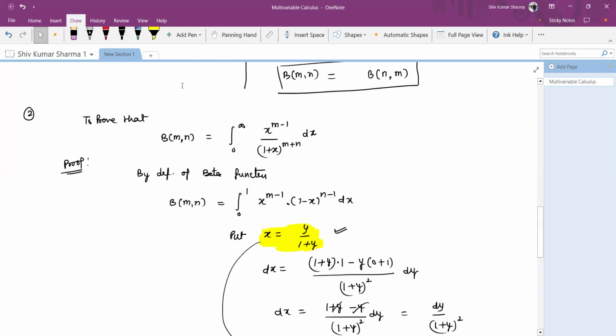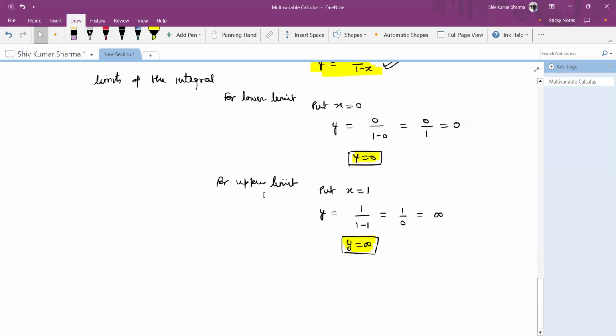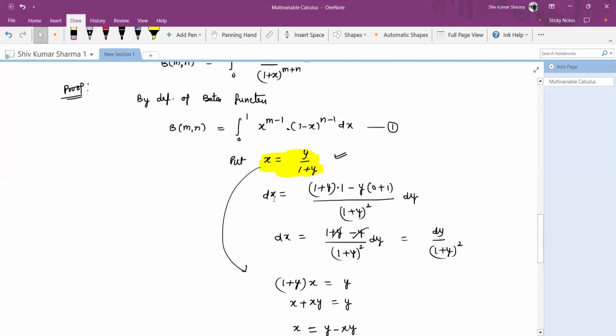So we move to the main definition. So this is our definition, so we can give it as equation number 1. So from equation 1 we see that beta mn is equal to, when we use the substitution, integral 0 to infinity. Now put the value of x.